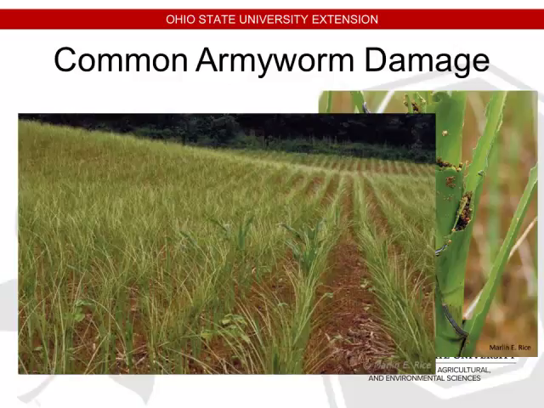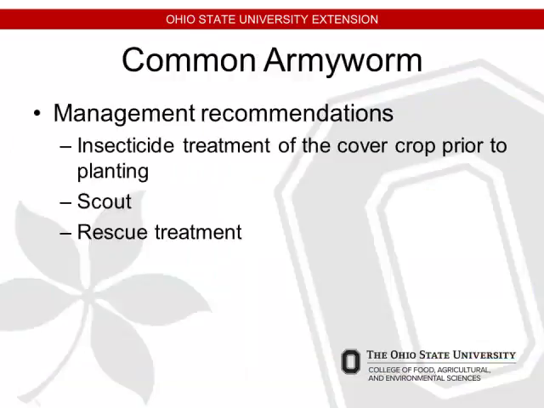And you can see that this was a no-till situation with a cover crop underneath there. It was not treated with an insecticide prior to planting the corn, and it's decimated almost the entire field. So there are situations where it can become quite significant. Management, again, if you have a cover crop of cereal rye that you're going to plant corn into, either get that killed off very early in the spring before the crop is planted, or if it's just shortly before you plant that corn into the field, you're going to have to treat it with an insecticide to assure that armyworm is not a problem.